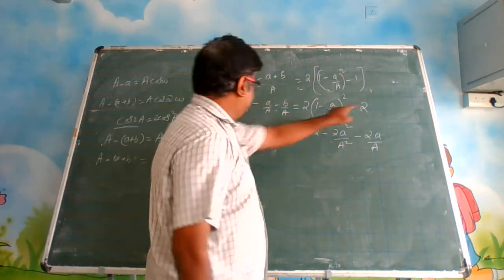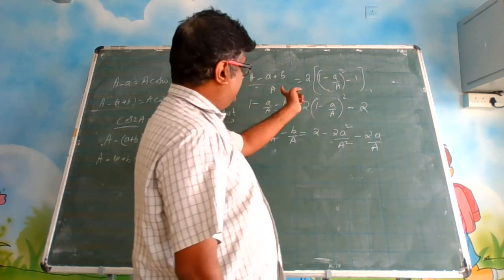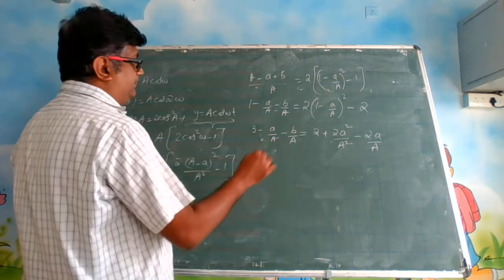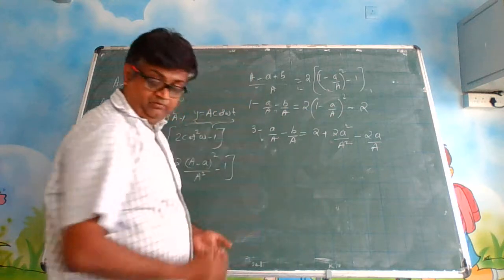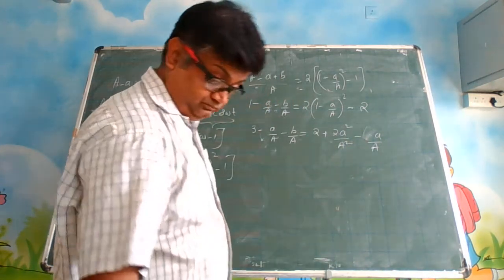Sending this 2 here, 2 into 1 and a square plus b square, so this will become plus 2ab. So 2 into a by a, there is another 2 outside, so this will become 4.